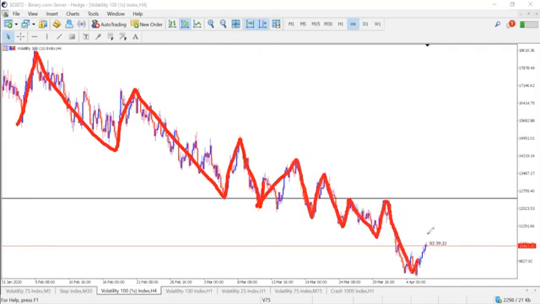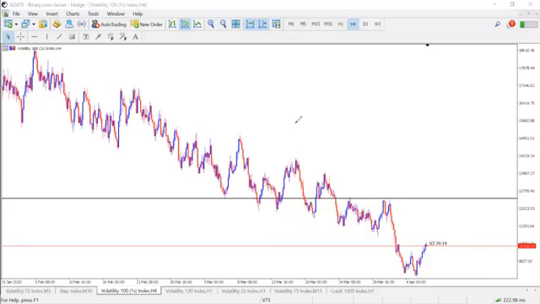What's our next anticipated move? A lower high to the downside. Now, okay, that's what we know. Right now we're reading structure, and as you can see, price has been in a downtrend.